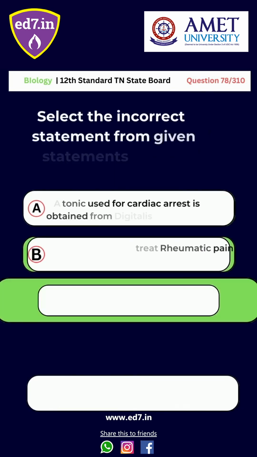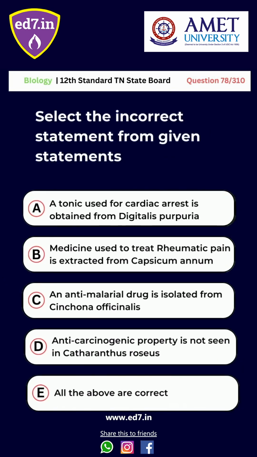Question number 78. Select the incorrect statement from the given statements. Option A, a tonic used for cardiac arrest is obtained from Digitalis purpurea. B, medicine used to treat rheumatic pain is extracted from Capsicum annuum.